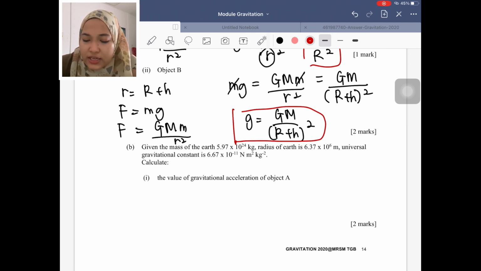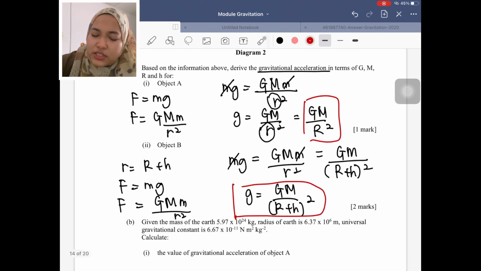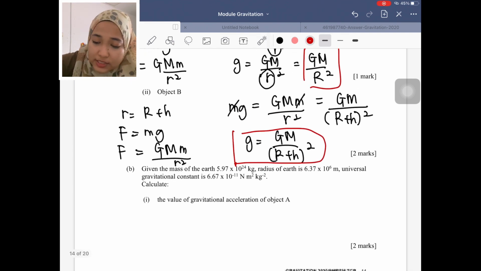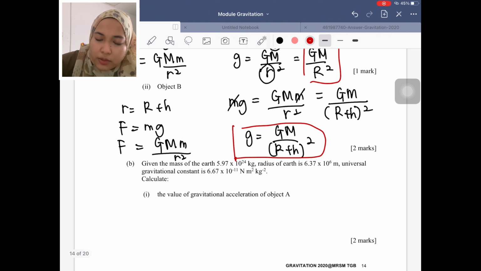So calculate the value of gravitational acceleration of the object A. So kita ambil je formula yang kita dah derive dekat atas ni. So g equals to GM over R squared.